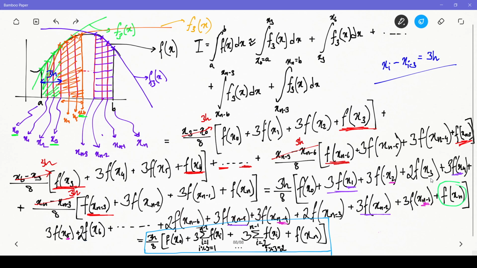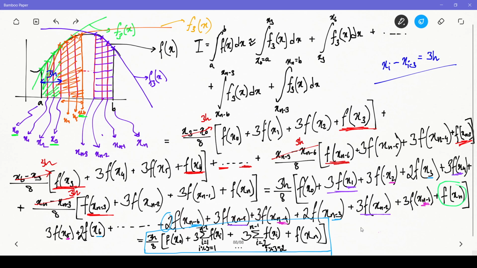Notice that when our subscript is 3, 6, n minus 6, n minus 3, the corresponding functional values of those x values are being multiplied with 2. So here, here, here, here. What can we say about these terms?